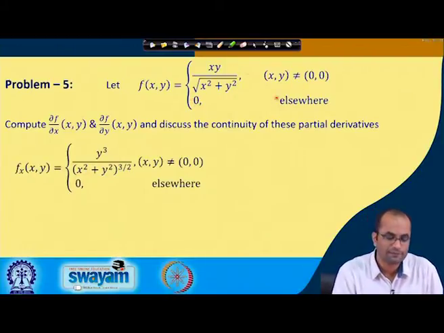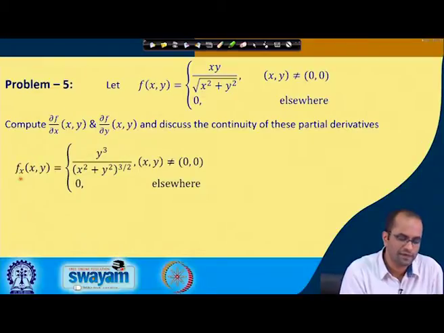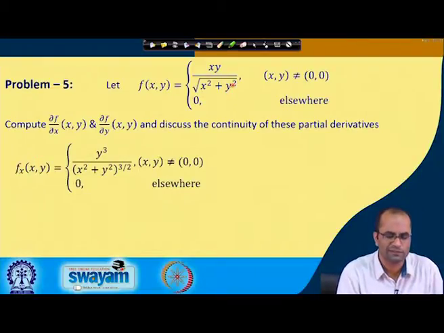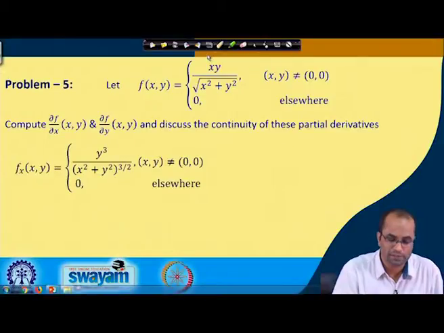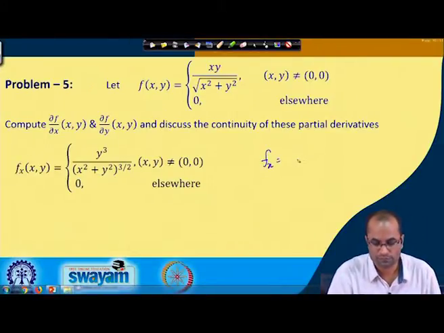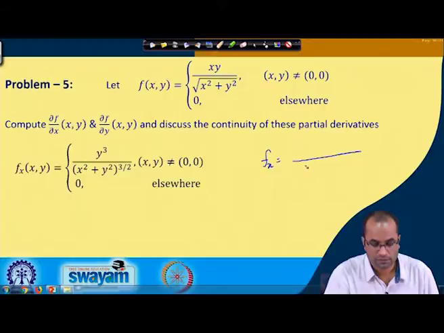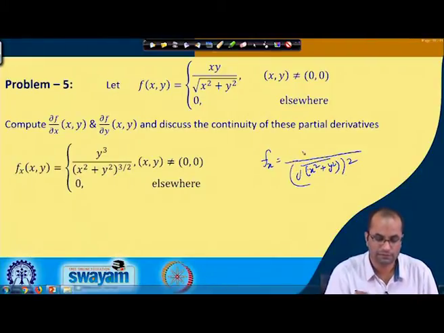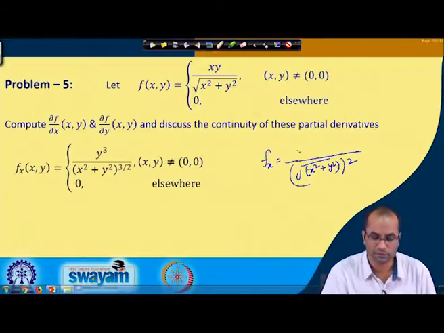So, when (x,y) is not equal to (0,0), we have this function, and we can take the partial derivative with respect to x here, treating y as constant. So, just doing this calculation for the partial derivative with respect to x, we can follow the usual calculation. So, here x square plus y square under the square root will be a whole square, and then in the numerator we take the derivative treating y as constant.